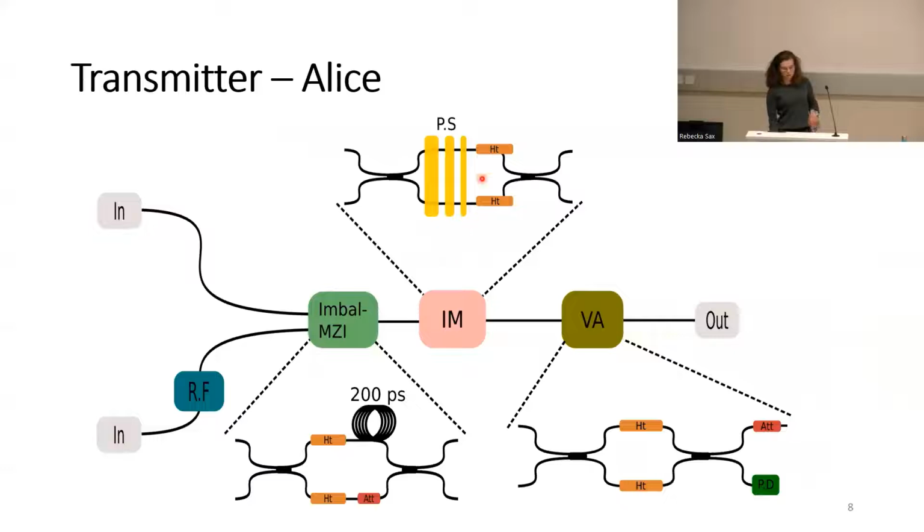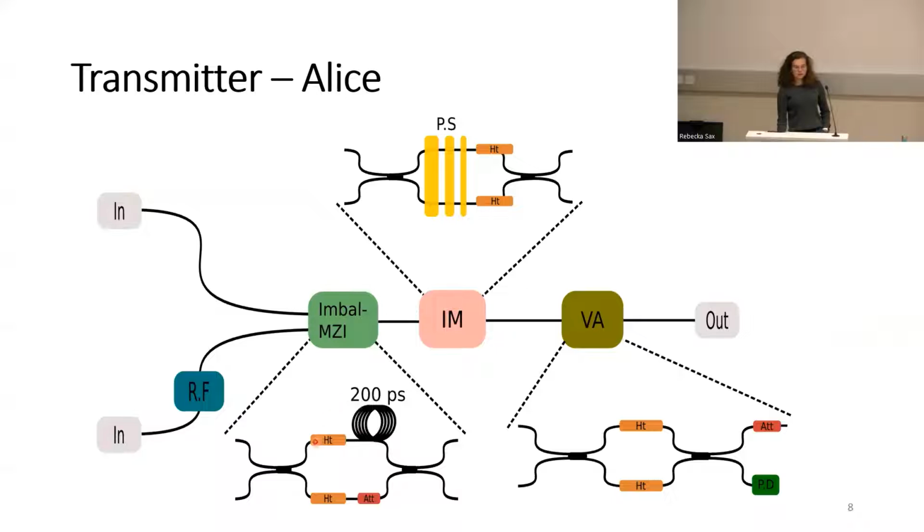So for the structure of the optical part of our chip, we enter from our laser in one of two entrances, either through a ring filter or directly into an imbalanced Mach-Zehnder interferometer. Similar to what I showed you before, we need an imbalanced interferometer with a delay line of 200 picoseconds.